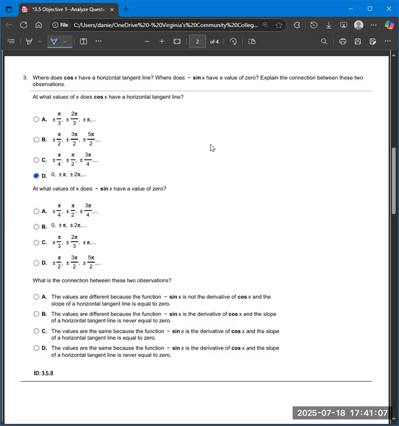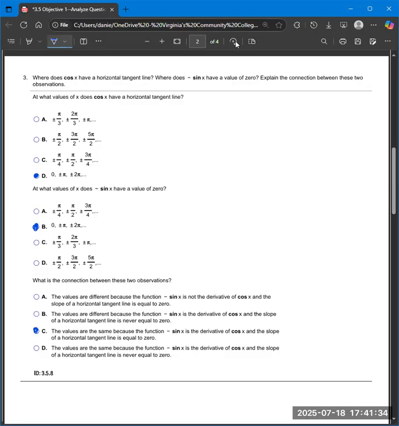Where does negative sine have a 0? Same list, because the derivative of cosine is negative sine. What's the connection between these two observations? The values are the same because the function negative sine x is the derivative of cosine x, and the slope of the horizontal tangent line is equal to 0.